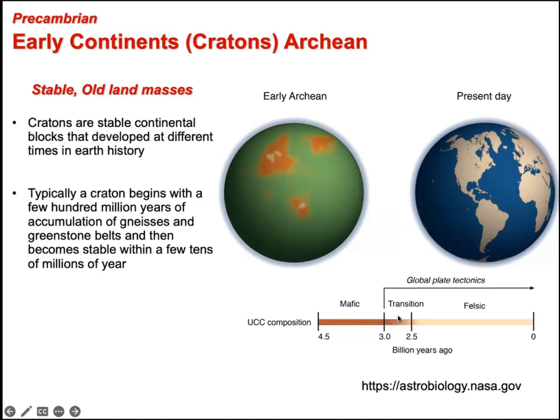But later on, I said differentiation took place, and material started to form as the continental crust, and then gradually they became more felsic because of magma differentiation. Okay, so this is a critical time, around 3 billion years. It is not clear-cut and is still under debate, this 3 or 2.5 as the starting time of global plate tectonics. Until that time, there was no plate tectonics. So that's why these early cratons are just lying there isolated, without moving dynamically.